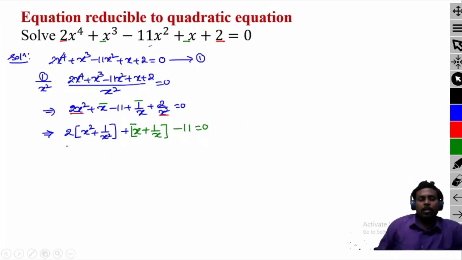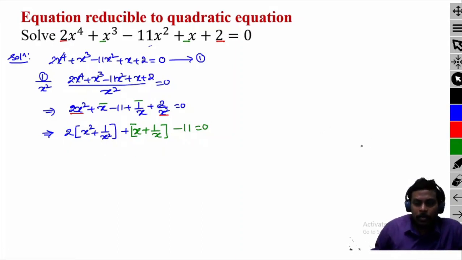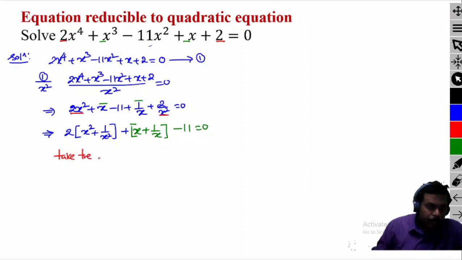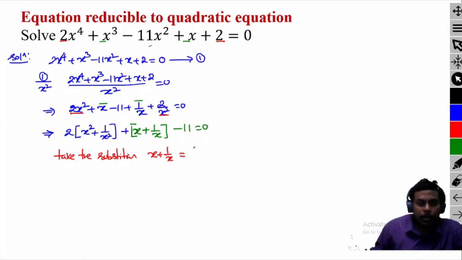Now what we are going to do here is take the substitution x plus 1 by x is equal to t.